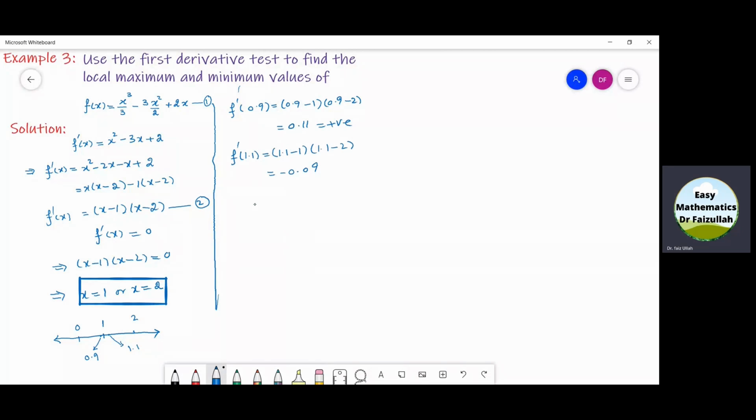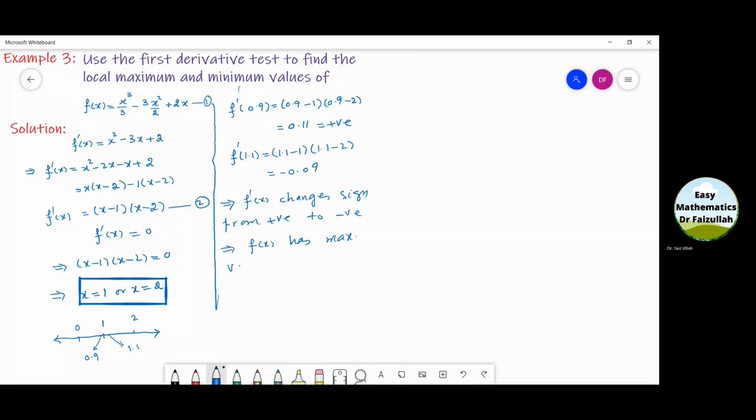So we can see from these two values that f dash of x changes sign from positive to negative. And this implies that f of x has a maximum value at x is equal to 1.